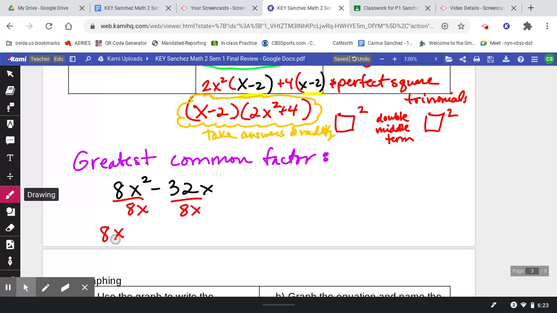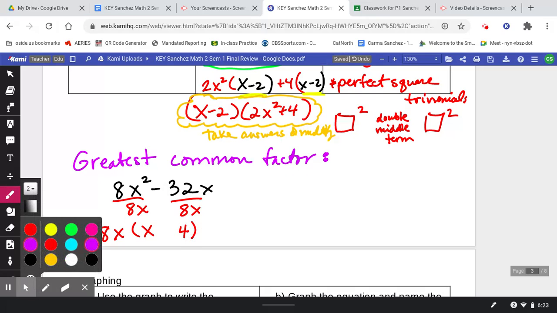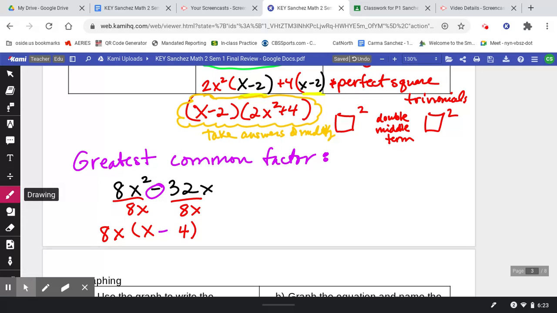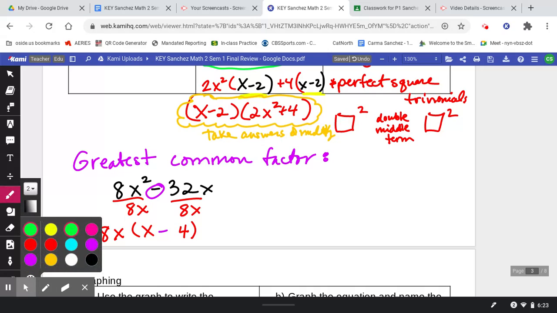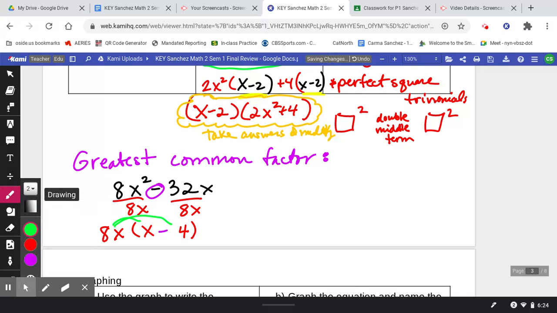So that common factor goes in front, and what's left inside is 1x. Then 32 divided by 8 is 4, and the x is crossed out. The negative sign in the middle goes down here in the bottom. Let's double check our answer. 8x times x does give me 8x squared. 8x times negative 4 does give me negative 32x.